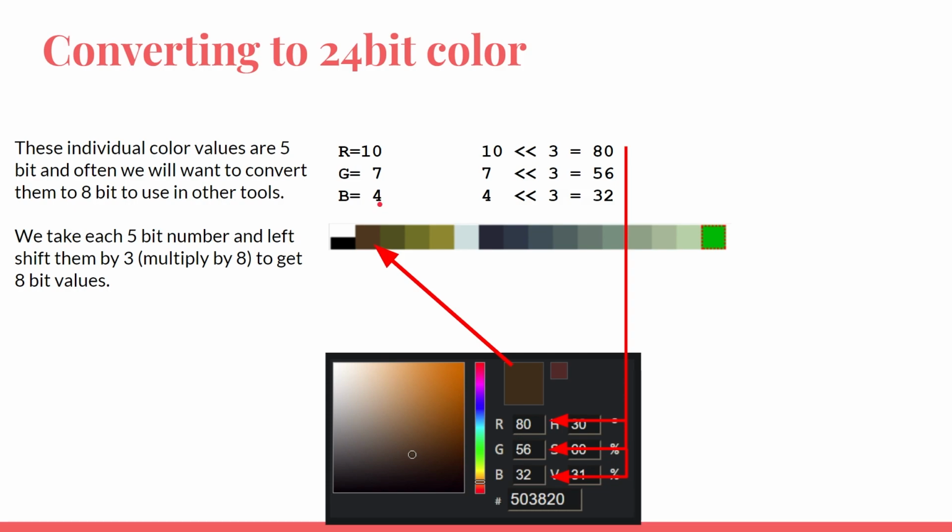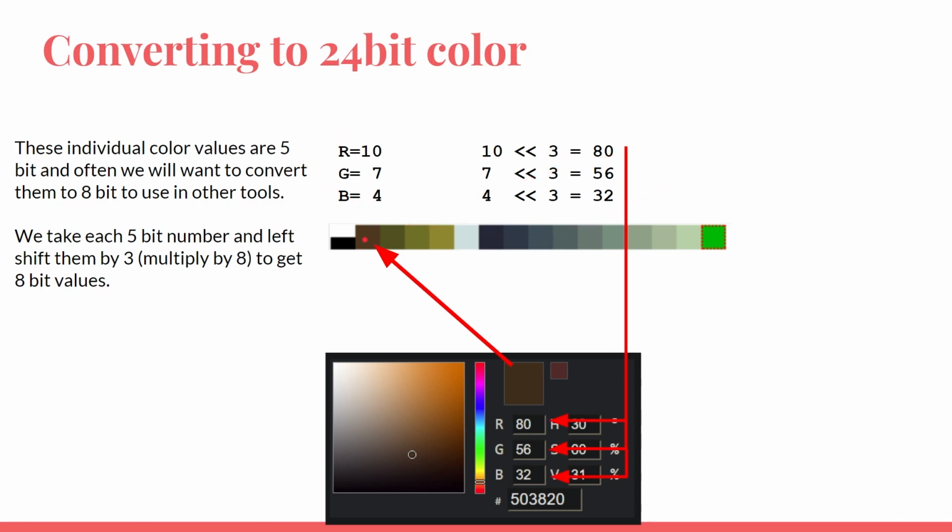But we're used to colors that go from 0 to 255, if you remember from the beginning of this video. So in order to convert this color space to the normal 8-bit per component color instead of 5-bit, we just left shift these numbers by 3, which is equivalent to multiplying them by 8. And then we get the 8-bit values for this color.